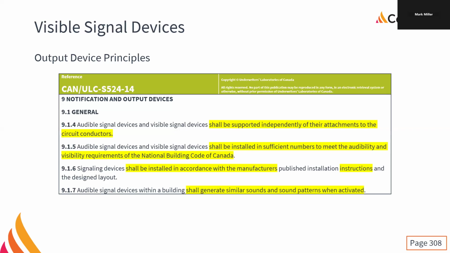And we have to install enough of them because we have to meet the audibility requirements and the visibility requirements. We might need only two or three in a building, or we might need 2,000 or 3,000 in a building. It just depends on the building. A number of years ago, I did the fire alarm upgrade to Hamilton General Hospital.